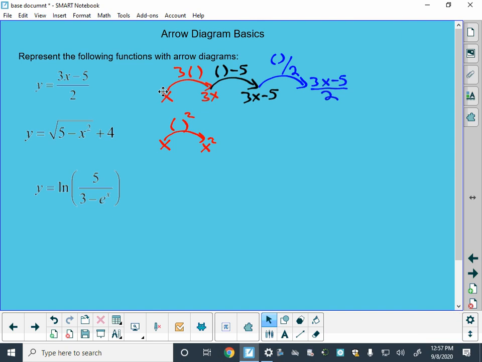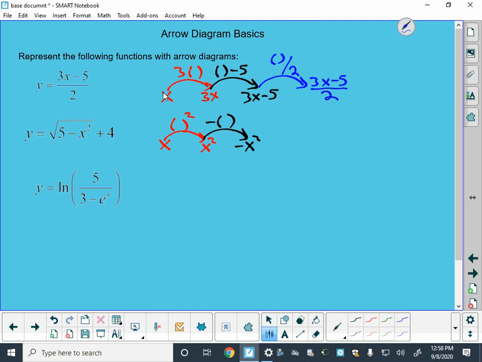And then the next thing that happens to that, we have to be a little bit careful with this, but really the next thing that's happening is there's a negative sign showing up in front of that. We could do that a number of different ways. I'm just going to represent that as a sign change that way, and it says put a negative or change the sign on whatever is at the beginning of that arrow.